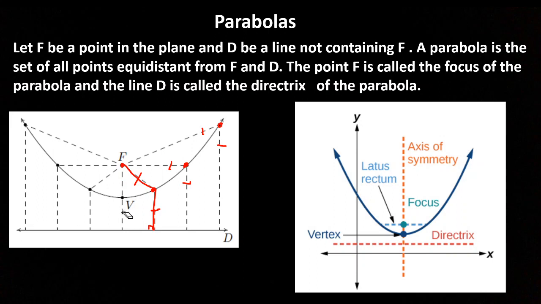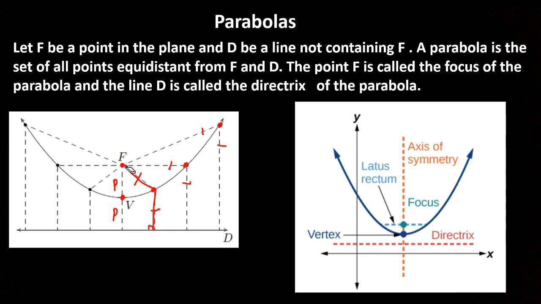So here, of course, this distance equals this distance, and this is the vertex of the parabola. So the names are the same. Instead of A's and B's, we're going to call both of these the letter P, because they're the same distance.